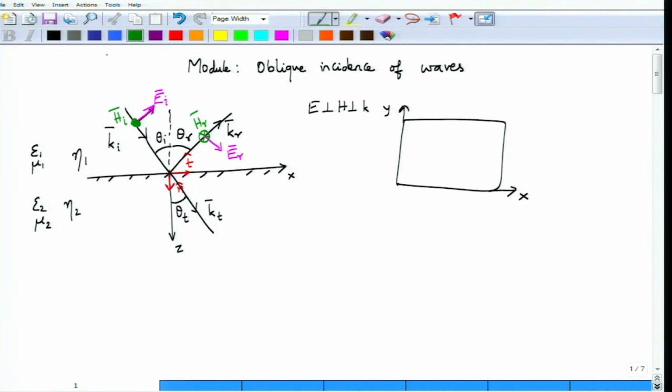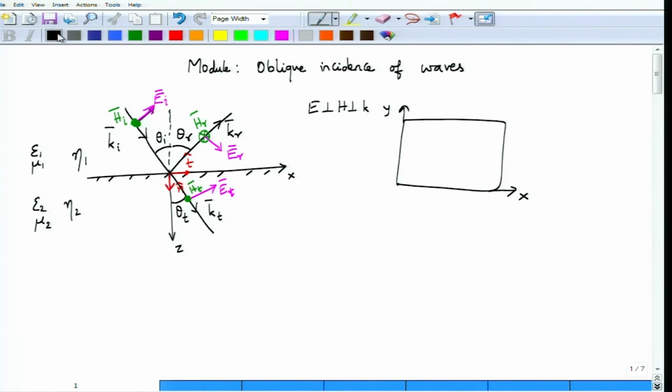Finally, for the transmitted case, we can assume the same directions as the incident wave, because it's natural to assume both are propagating in the same direction. Therefore, the H field for the transmitted wave would also be coming out of the page. So E cross H will be pointing in the kt direction.